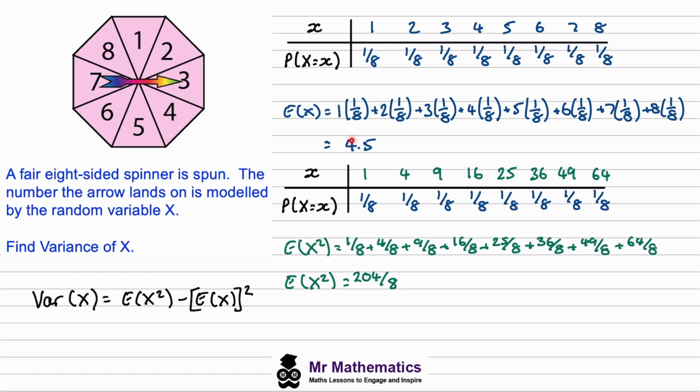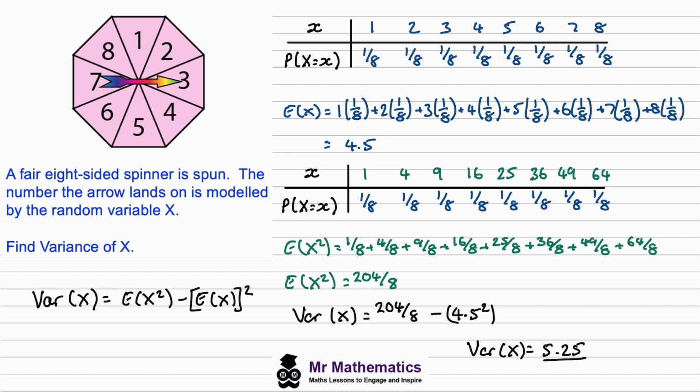So now we can substitute each of these values into this equation, and we get the variance of x will be the expected value of x squared minus the expected value of x all squared. We can work this out on our calculators, and we get a variance of 5.25.